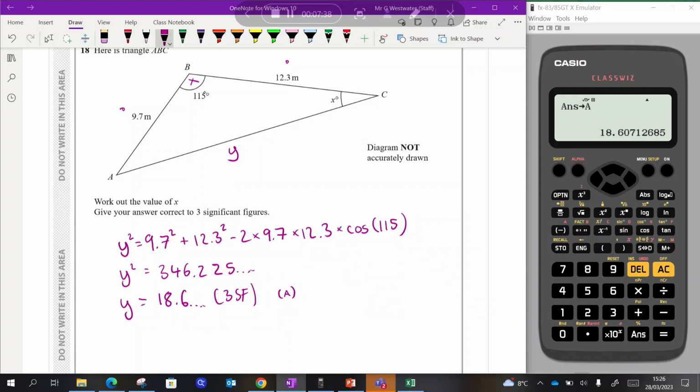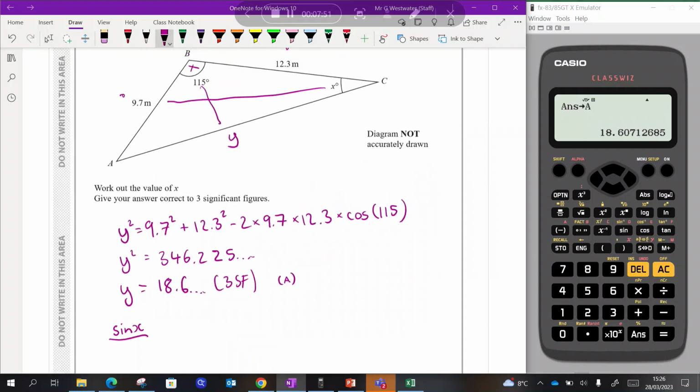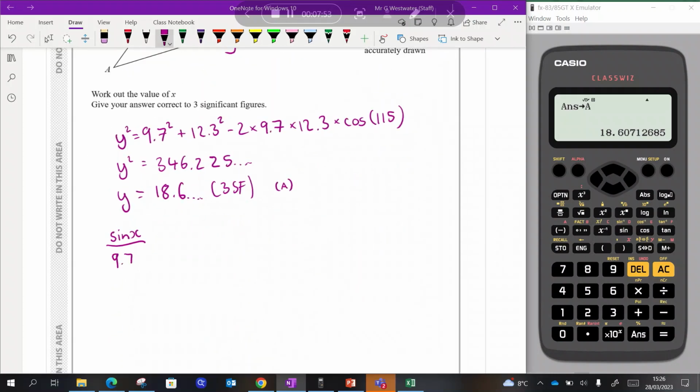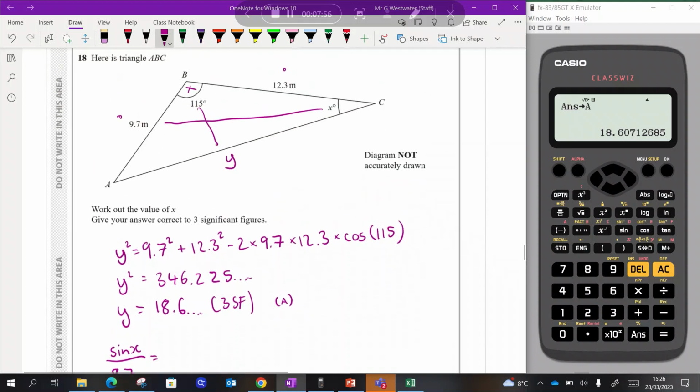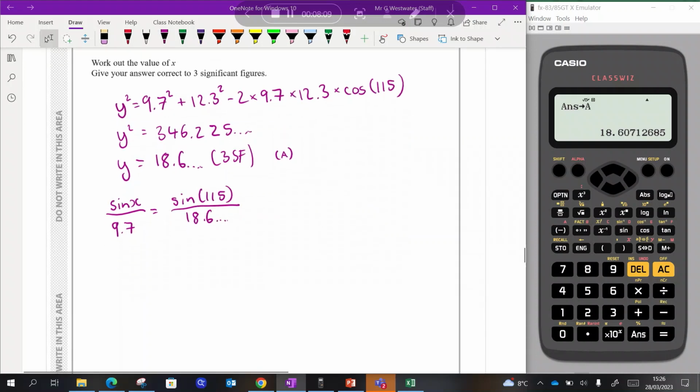So now I can apply the sine rule, so two pairs of opposite sides, and if I'm trying to find the angle, then we should put the angles on top. So sine x over its opposite side, so 9.7, will equal sine of 115 over its side. So that was this 18.6..., but I'll use A for this.